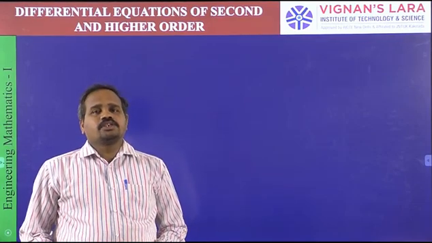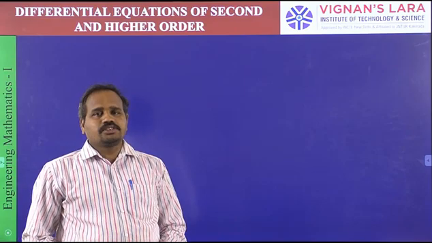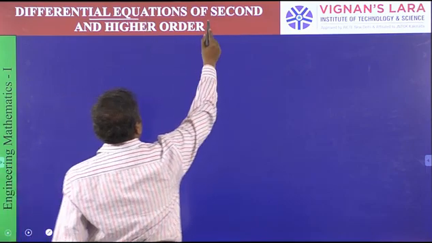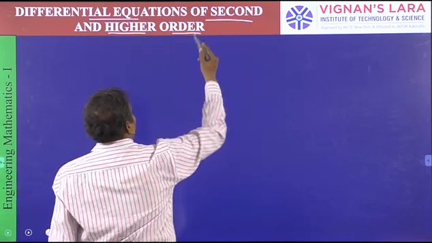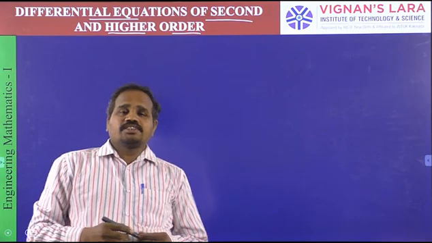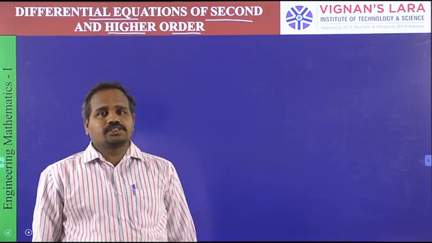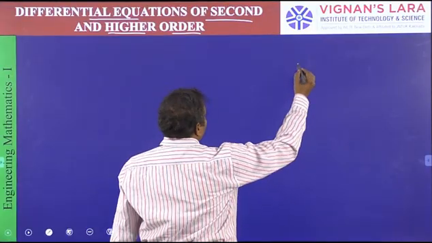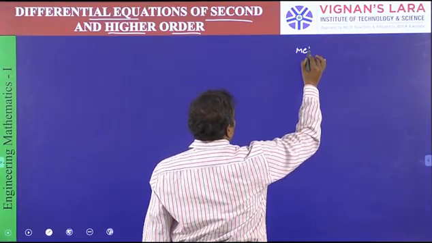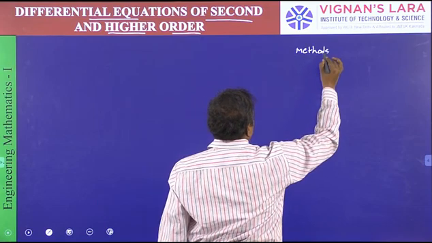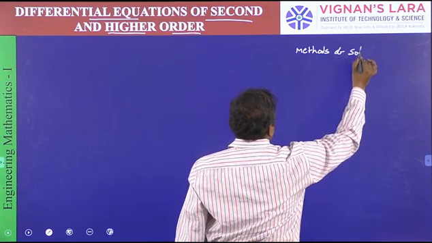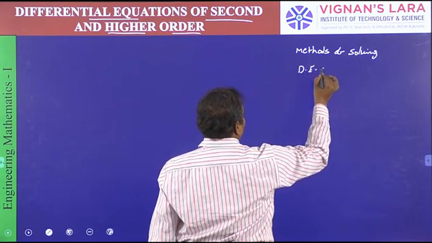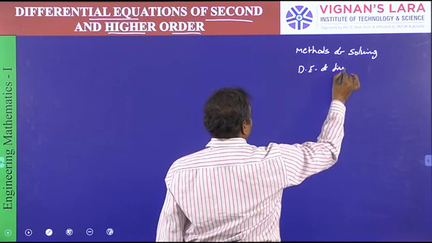In this session we are going through the next chapter, that is differential equations of second and higher order. In the previous classes we learned about differential equations of first order and first degree, and the methods of solving differential equations of first order.